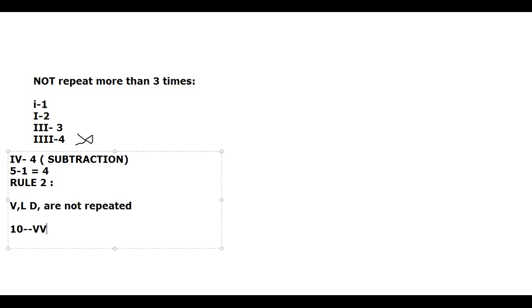We can write 2 V's because V means 5, so 5 plus 5 is equal to 10. Yes, but actually we should not write like this. Why? Because V is not repeated. That is the reason there is a special symbol called X, which is equal to 10.